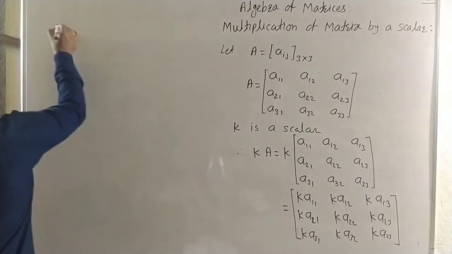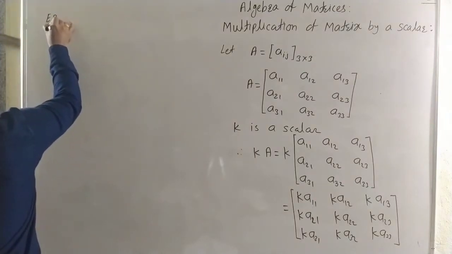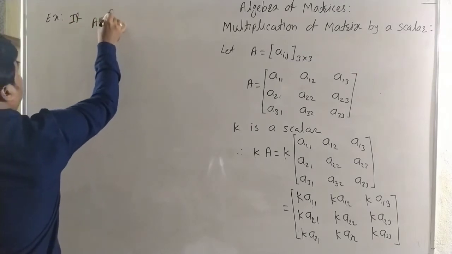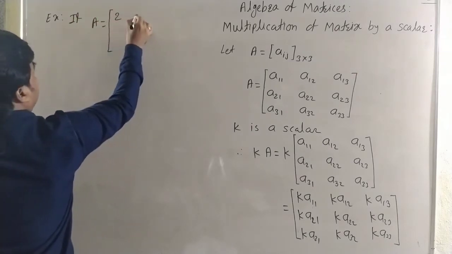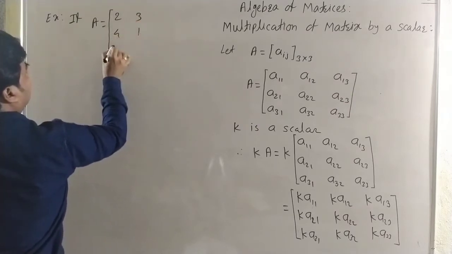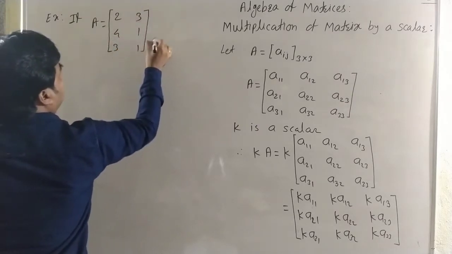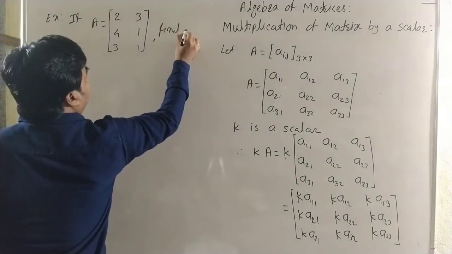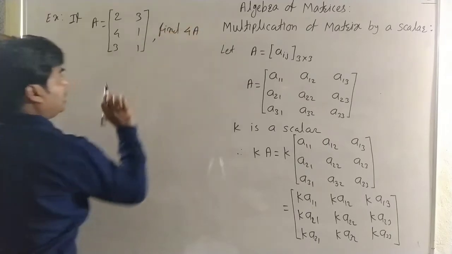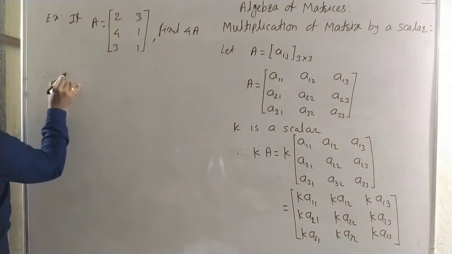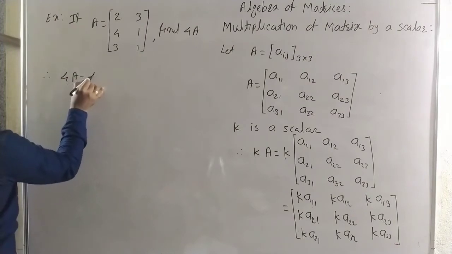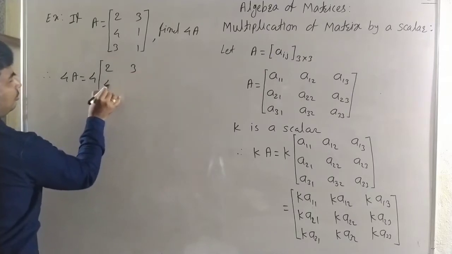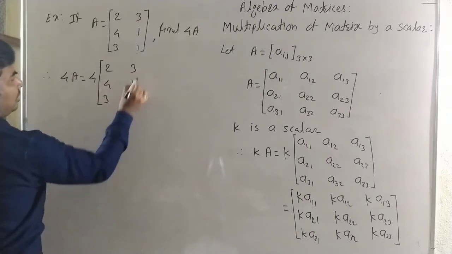For example, see carefully. Here if A is equal to the matrix 2, 3, 4, 1, 3, 1, order does not matter, then find 4A. 4A means 4 into this matrix 2, 3, 4, 1, 3, 1.